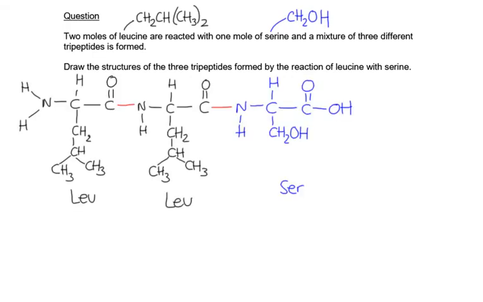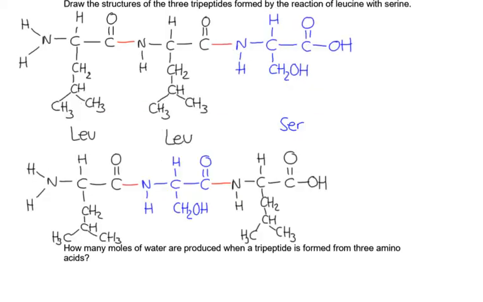Okay, so my first structure I've gone leucine, leucine, serine, and you can see that this time I put the R group down at the bottom just because I had a bit more space. It doesn't matter as long as it's coming off that middle carbon, and you can see how I've connected those 3 together. And in this second structure I've gone leucine, serine, leucine.